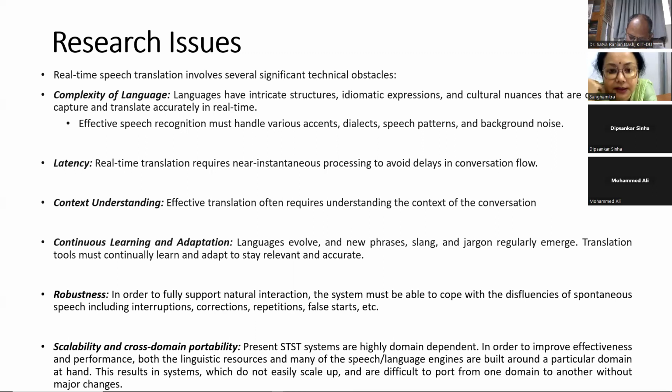In that scenario, I would say end-to-end models would be a better option, because you do not have any other technology. Even if the dictionary is not available, you will have to build everything from scratch, isn't it? So in that scenario, I would definitely suggest the deep learning approach.